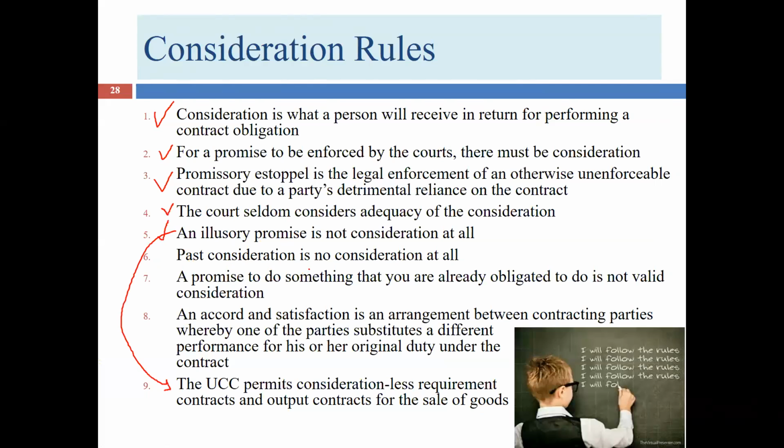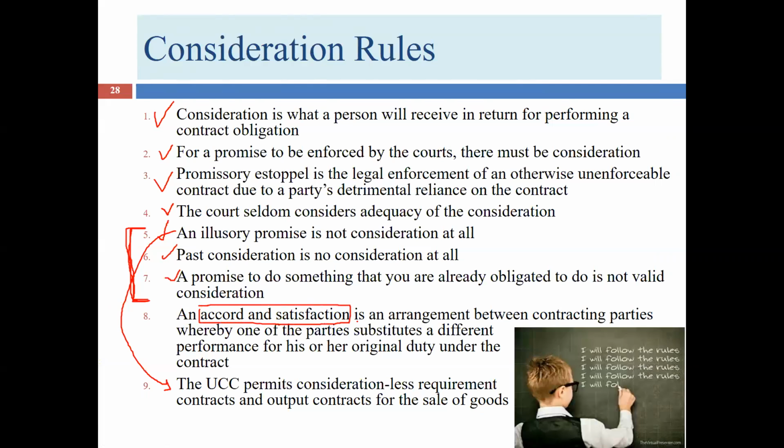Past consideration is no consideration at all. Number 7 is a promise to do something that you are already obligated to do is not valid consideration. And these are kind of neat that we have these 3 together because they're all the circumstances where something that looks like consideration doesn't end up being consideration. And accord and satisfaction, keeping in mind this is 1 unit.